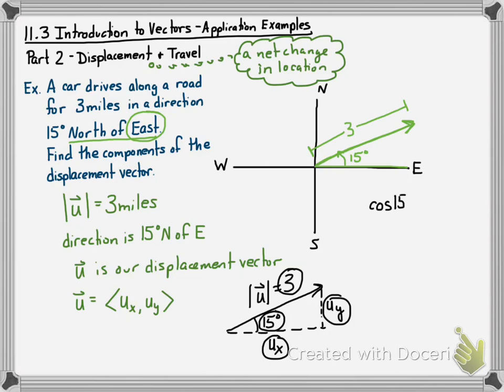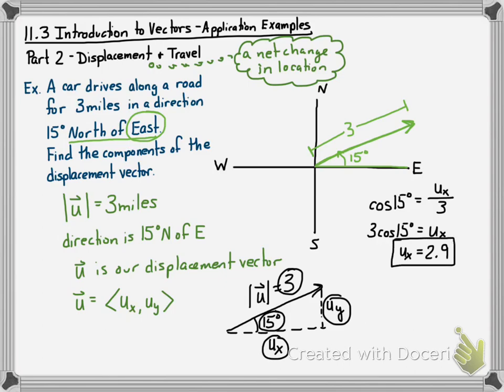So cosine of 15 degrees equals ux over 3. Multiplying both sides by 3, we have 3 times cosine of 15 equals ux. Using the calculator, making sure it's in degree mode, 3 times cosine of 15 is 2.9. So our x component is 2.9. We're going to need that piece of information, so I'm going to box it off.